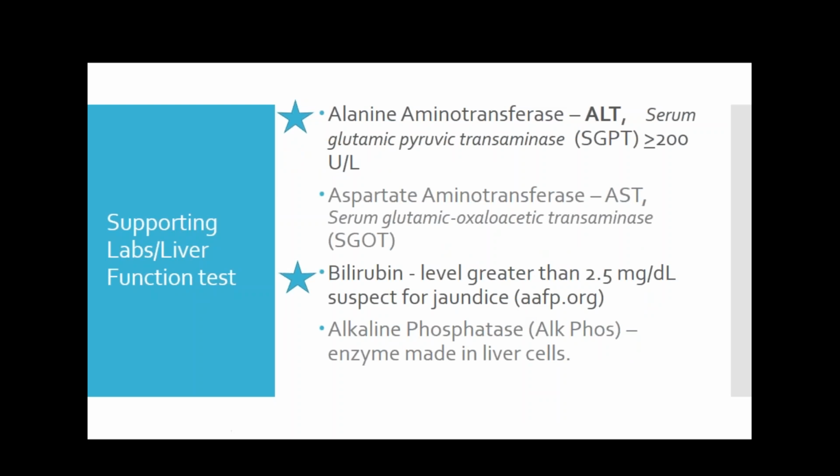So on this slide, I'm just going to highlight the supportive labs, which are the liver function tests, and they are usually reported when a positive antibody is reported. And so first we'll start with the ALT. An ALT is a protein, it's only made by the liver. And it goes into the bloodstream when the liver cells are damaged.